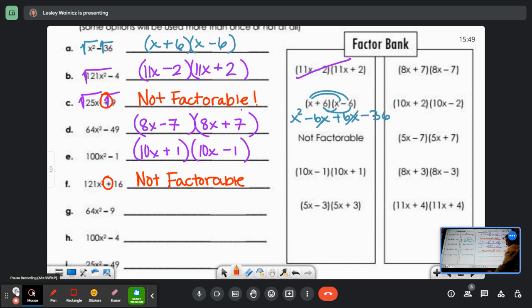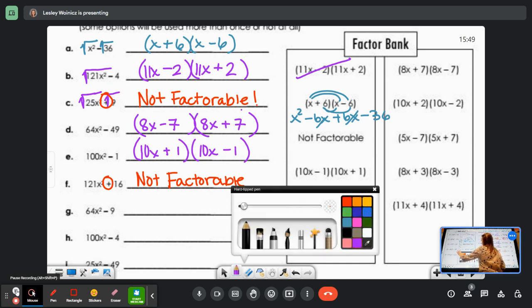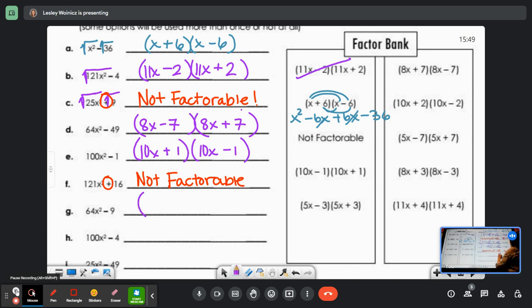Okay, let's just finish these together if you haven't already. So this should be 8x minus 3 times 8x plus 3.